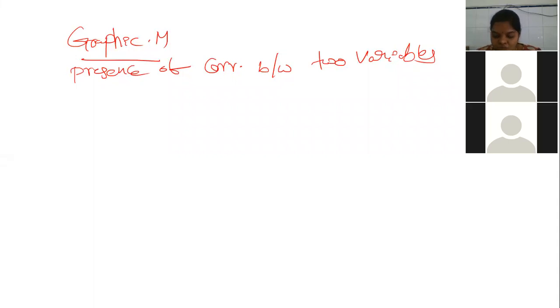The individual values of variables x and y are plotted on a graph paper.